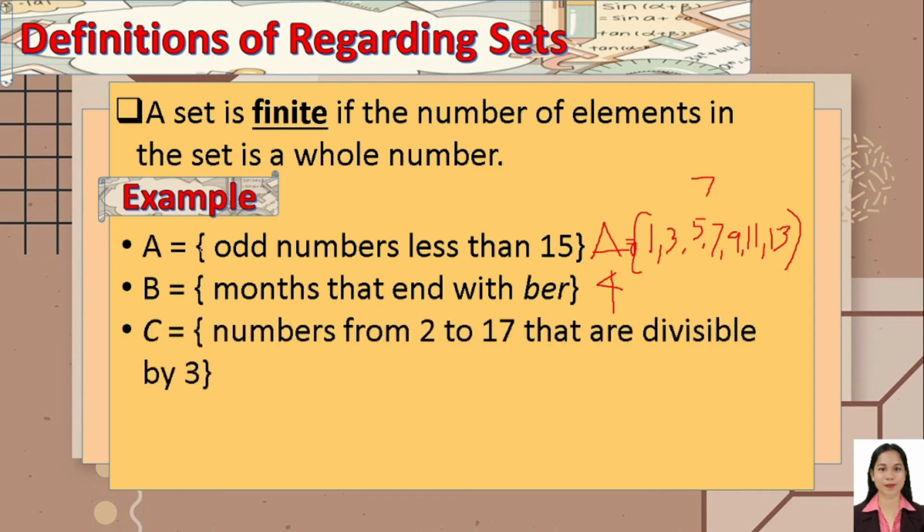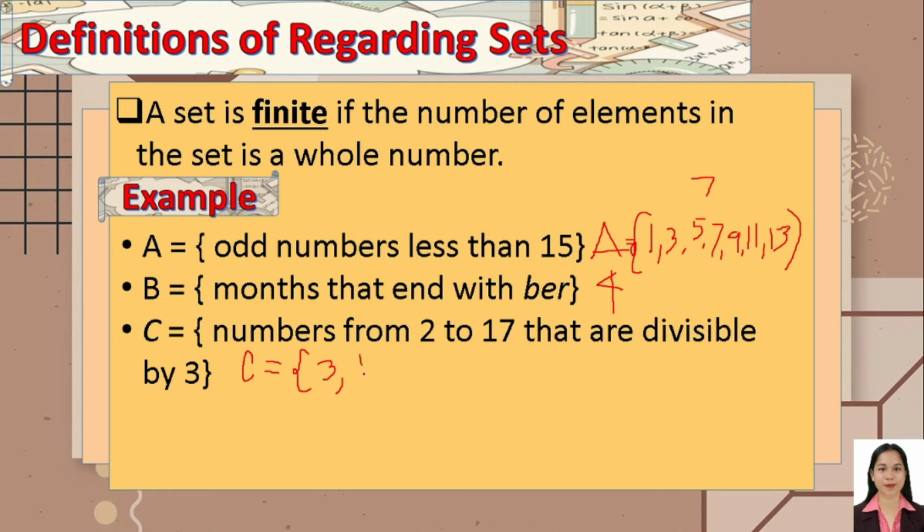Next is numbers from 2 to 17 that are divisible by 3. Okay. So, i-list down muna natin sila kung ano-ano yon. So, divisible by 3, ibig sabihin, we can add the numbers by 3. So, start tayo kay 3, kasi from 2 to 17 and 2 is not divisible by 3.